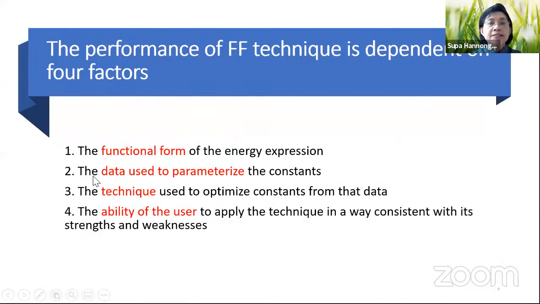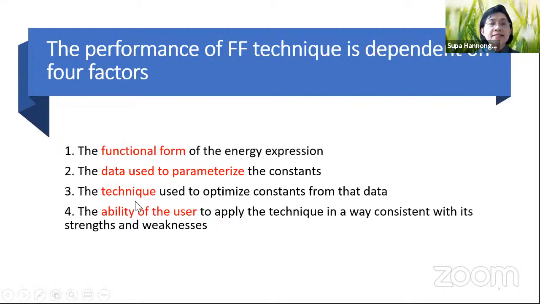And the second is that the data used to parameterize the constants is very important. If we parameterize the constants in the equation from experimental data, that would be very good. And if not possible, we can get them from ab initio calculations. So it depends on the data that we use to make the constants.